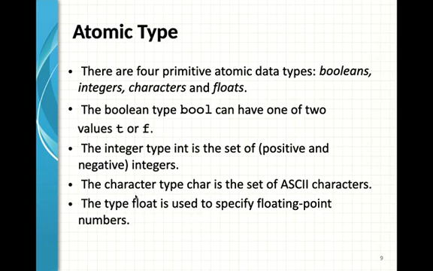Then character: A, B, C, D are characters, and generally they are called ASCII characters, because the computer understands the ASCII values for these characters. And the last one, the type float. Float means floating point numbers, 1.2, 2.5 and so on. Any floating point number is another type of representation.